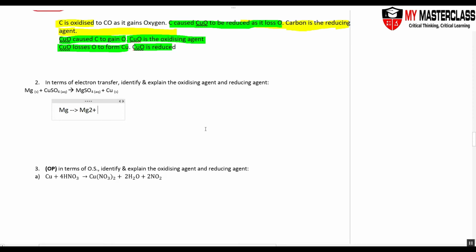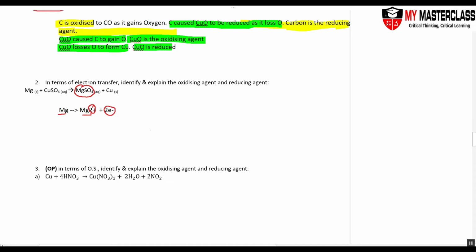So Mg forms Mg2+, and on this side you have to add 2 electrons. The 2+ will be evened out by the 2 electrons.